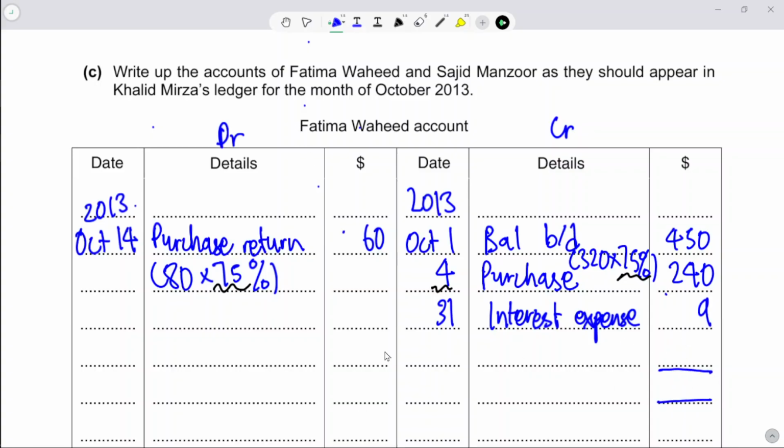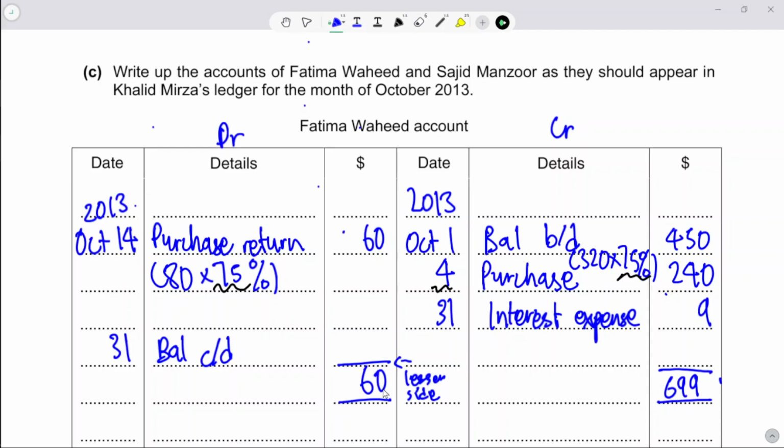This one total is 699. This one is the lesser side, so put balance CD at the ending date October 31.